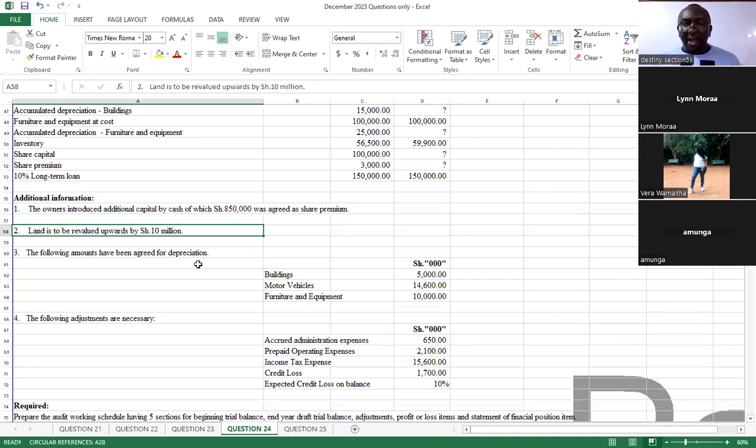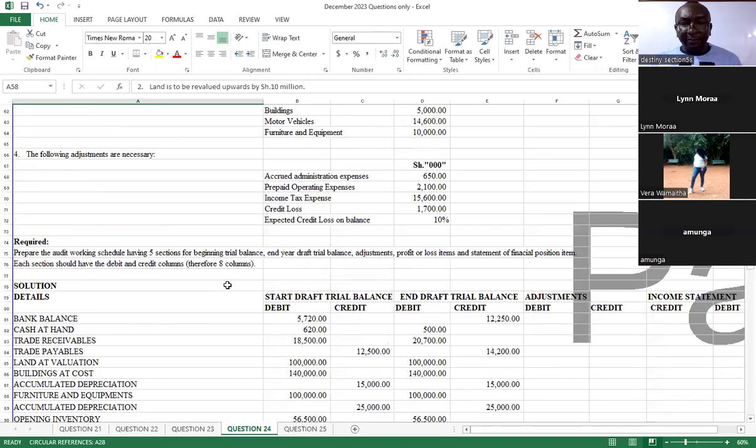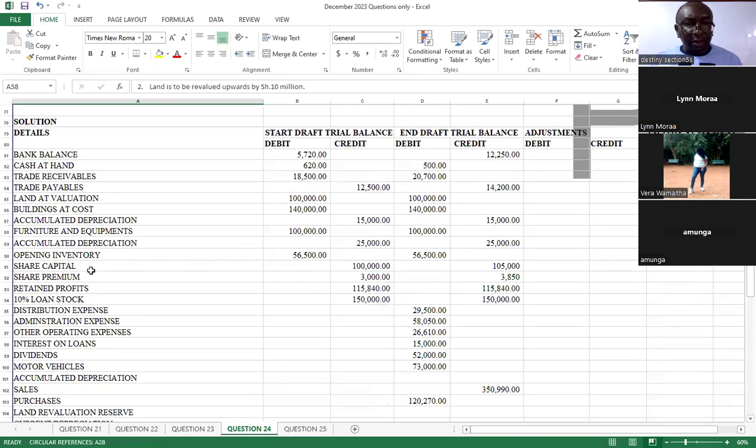So let's go to where there is RAD. Let's go to where there is RAD here. Now in the column of the adjustments, we will put 10,000.